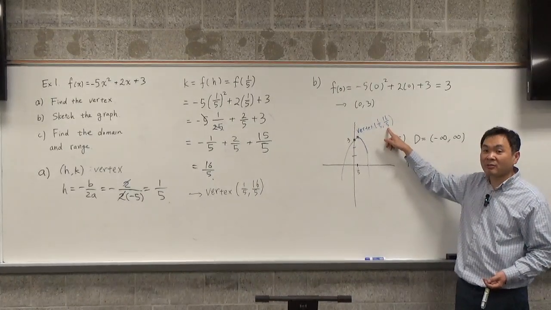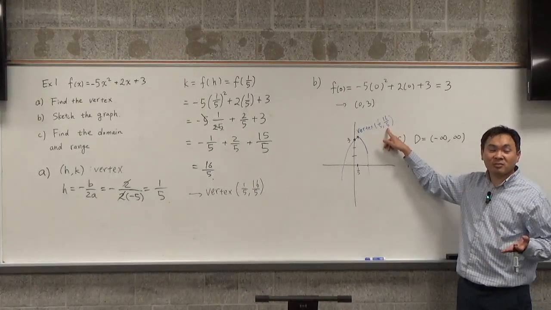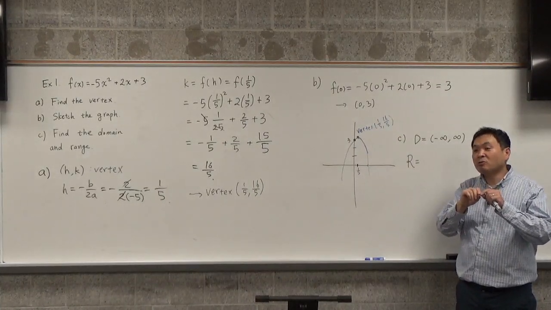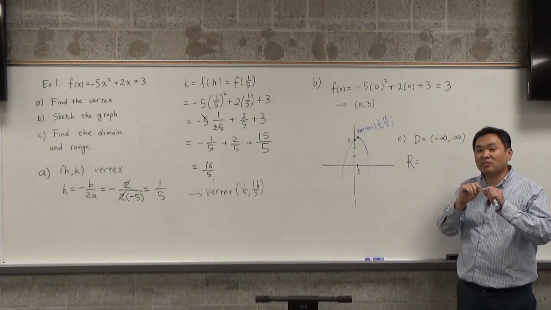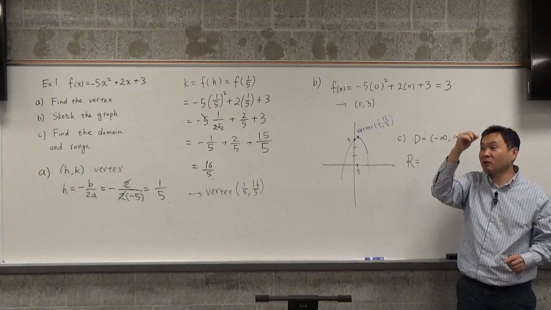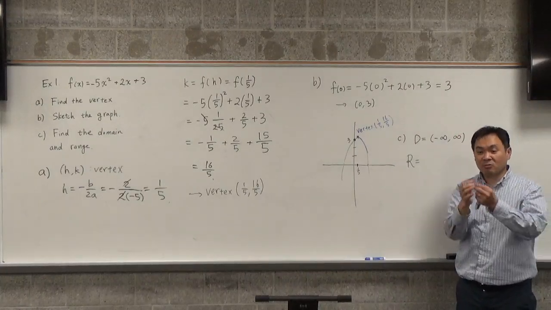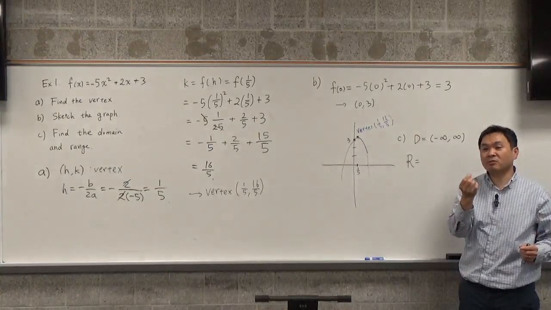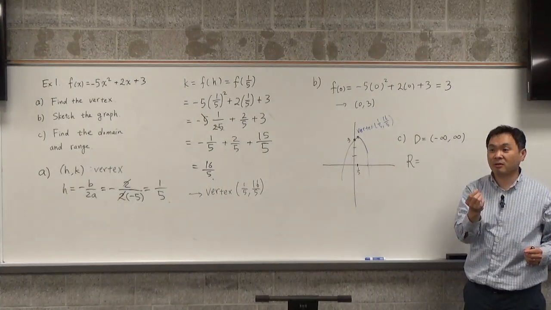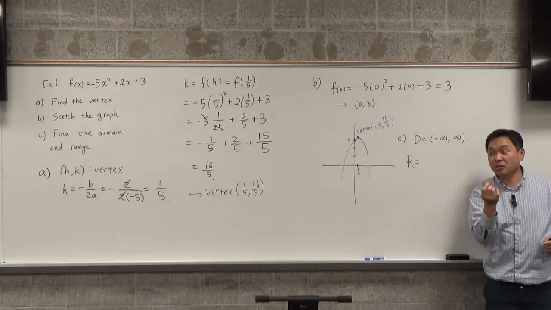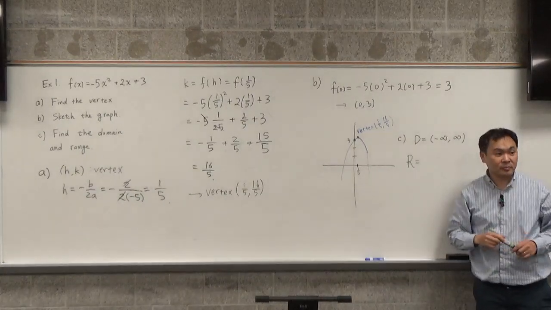There's 16 over 5 at the vertex. If you have a quadratic equation, it either maximizes or minimizes at the vertex. If the graph is opening down, the vertex is the highest point. If the graph is opening upward, then the vertex is the lowest point. So when determining the range, always the important thing is to look at the vertex.